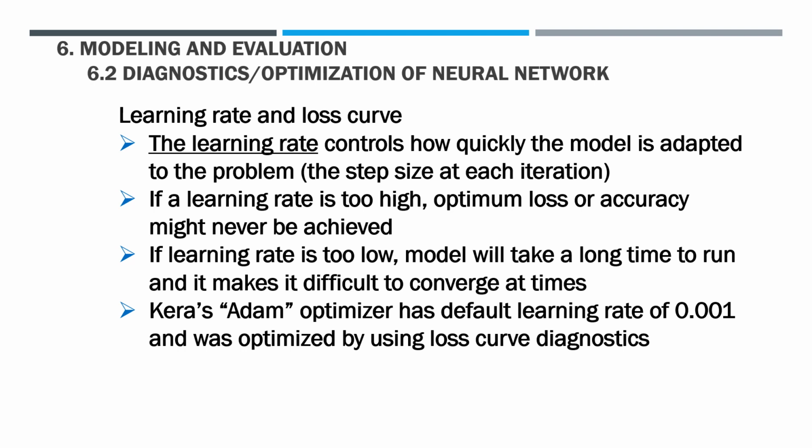And if the rate is too high, then optimum loss or accuracy might never be achieved. Keras's Adam optimizer that was used in the neural network modeling has a default learning rate of 0.001, and so we will use the loss curve diagnostics to see if this default learning rate is correct or not.